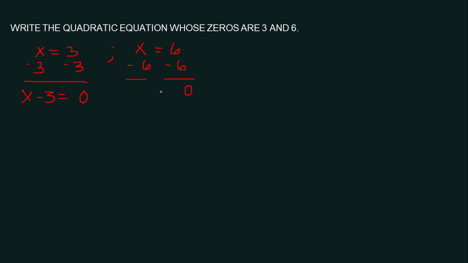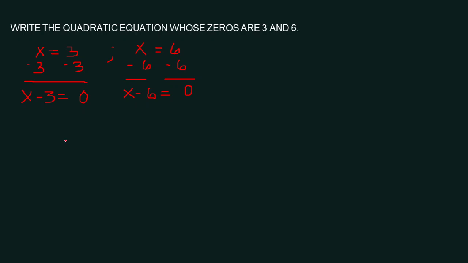Bring down the equal sign here. Again, we cannot combine x and negative 6, so we'll just copy them here together. So we now have the factors x minus 3 and x minus 6. So these are the factors of our quadratic equation.